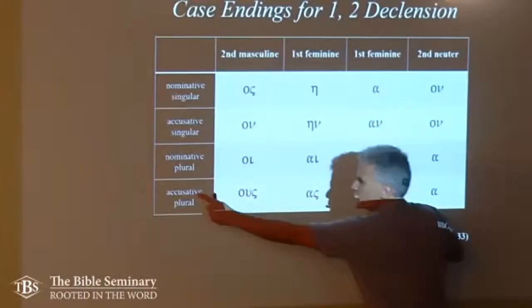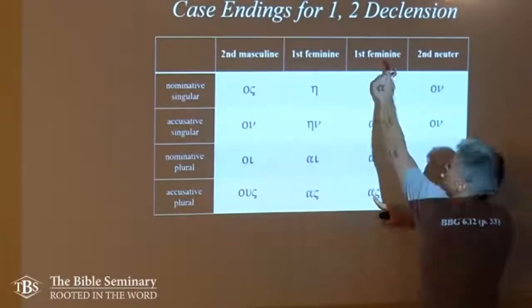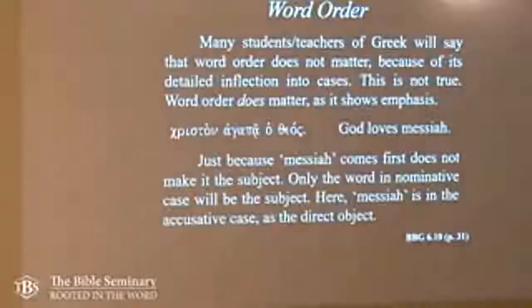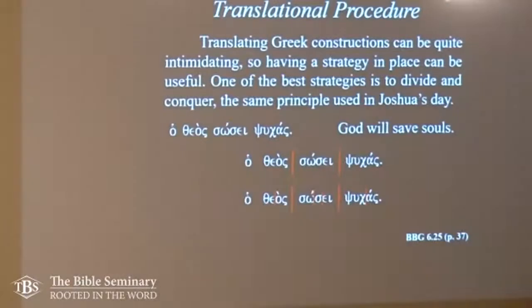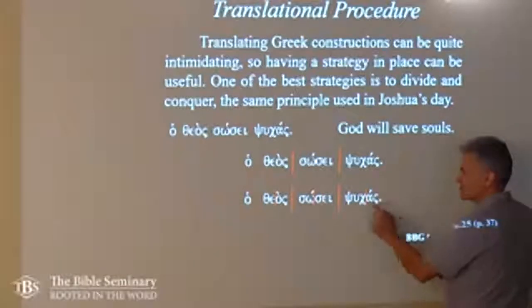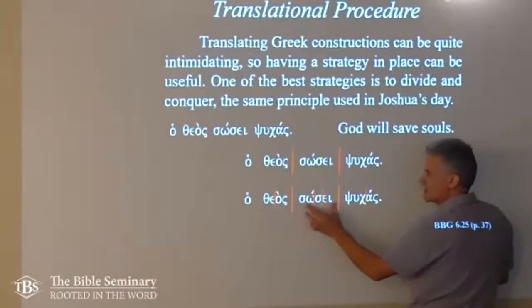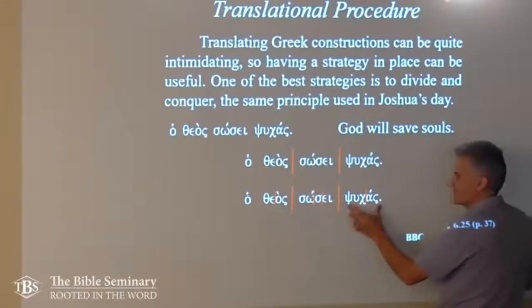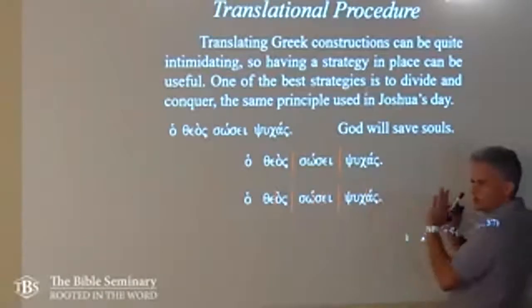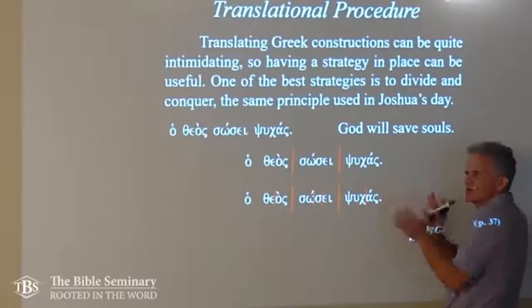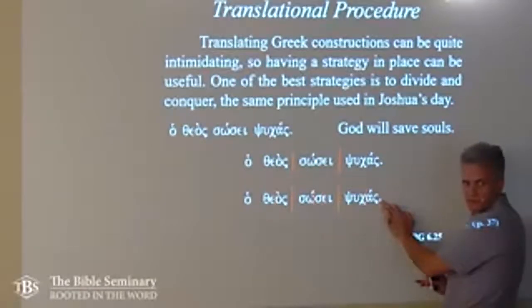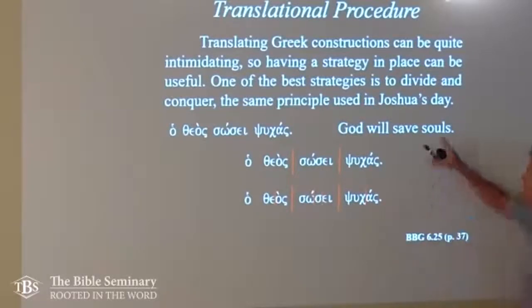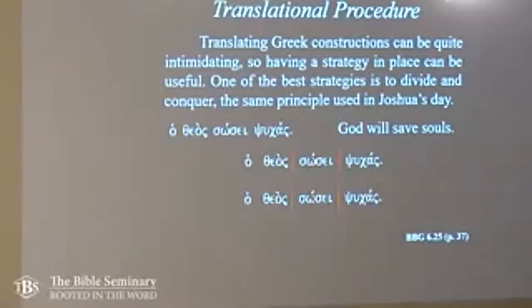So that's accusative under feminine. Where did we go? There. It's feminine accusative plural. So God is the subject, will save is the verb, souls is plural, and the gender, of course, doesn't translate into English, so it's just "God will save souls." Make sense? Oh, and I just looked and it's right. I have to change it. Okay, any questions on that?